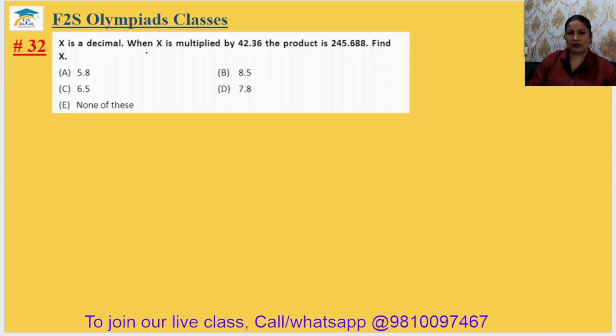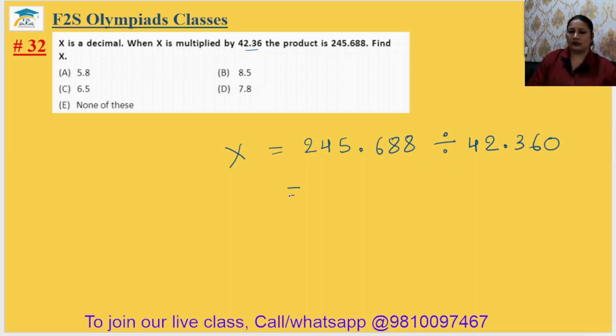Okay. Come to question number 32. X is a decimal. When X is multiplied by this, the product is this. Find the decimal X. X equal to 245.688 divided by 42.36. Make the divisor like a decimal and remove the decimal.